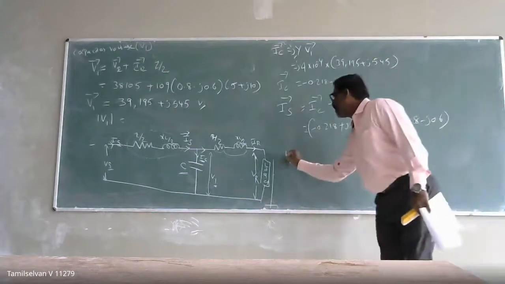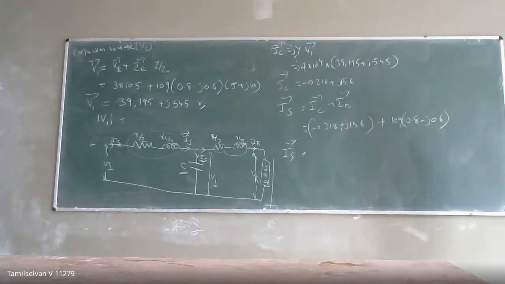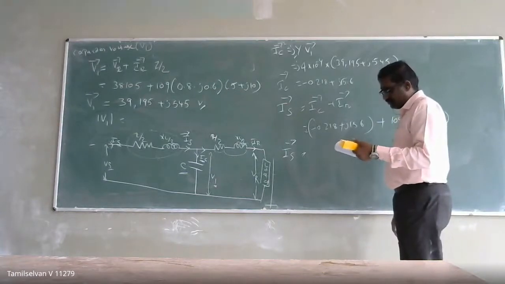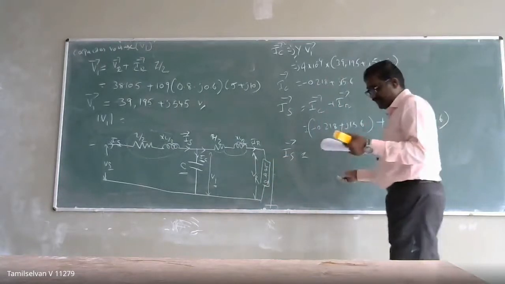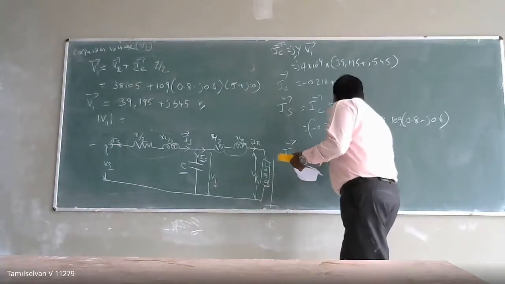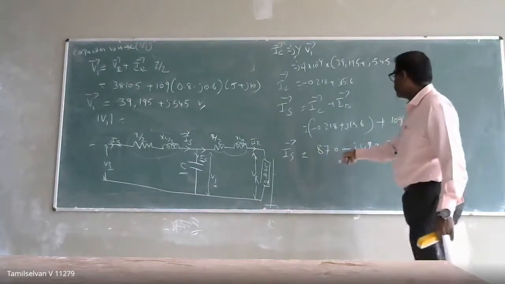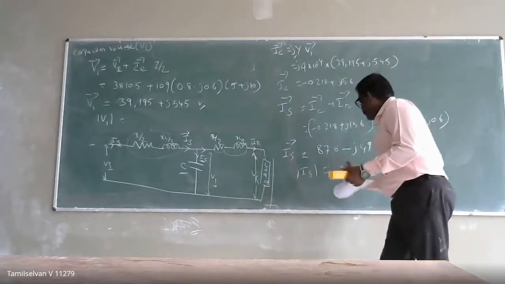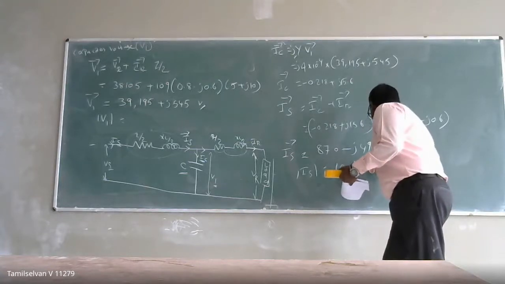If you simplify, you get the source current, the sending end current: 87.0 minus j49.8. Converting from rectangular form to polar form, the magnitude of the current is 100 angle minus 29.47 amps.